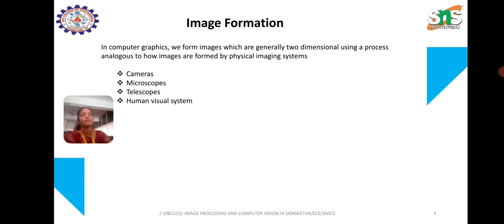And the third step is to detect edges, segment objects and extract features, that is called analyze. And infer scene information for decision making, that is called understanding. So image formation and processing is essential in computer vision, enabling systems to extract meaningful insights from visual data for various real world applications.